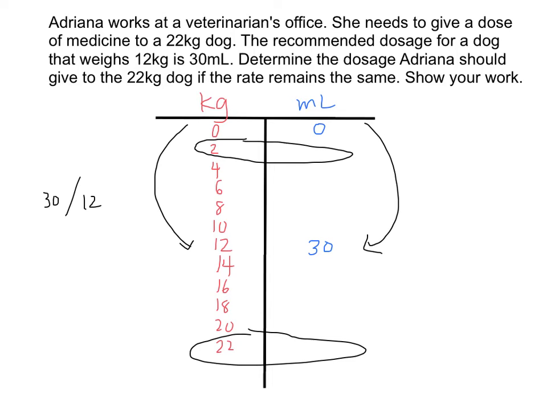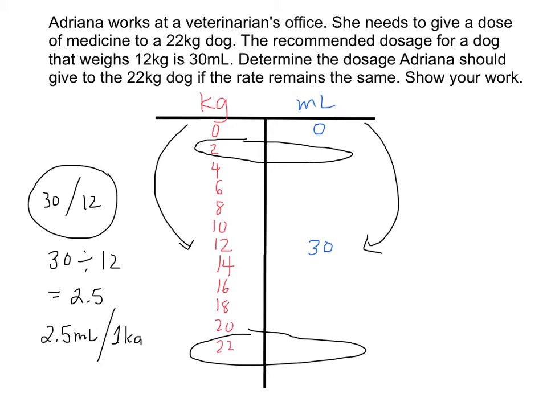What if we were to start by figuring out how many milliliters a 1-kilogram dog needs? In other words, finding the unit rate. Well, if we know the rate is 30 out of 12, what's 30 divided by 12? That gives us 2.5. That means that you need 2.5 milliliters for every 1-kilogram dog.